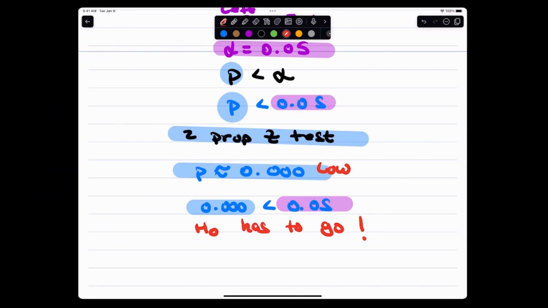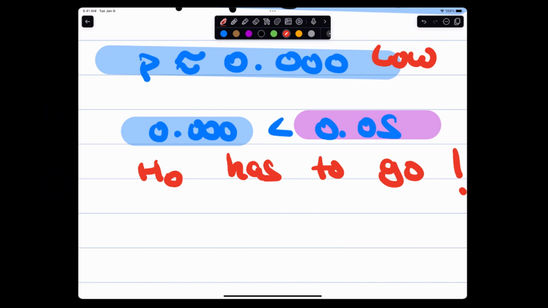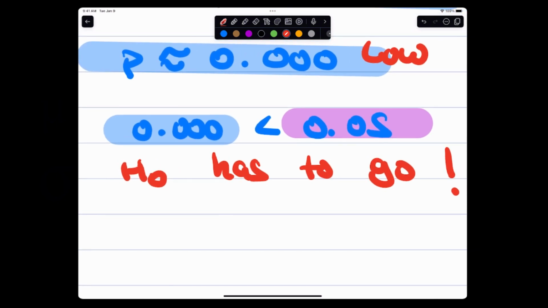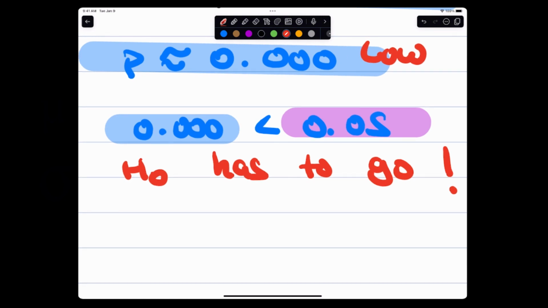So if your p-value is low, then the null has to go. How low does a p-value have to be? Less than the level of significance. That's the probability that the null hypothesis is valid. It is small. It's close to 0, which means it's impossible.